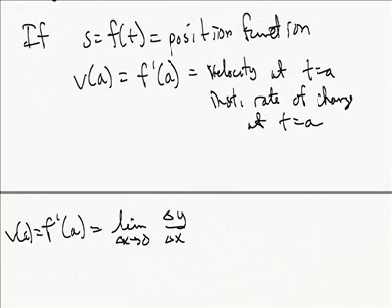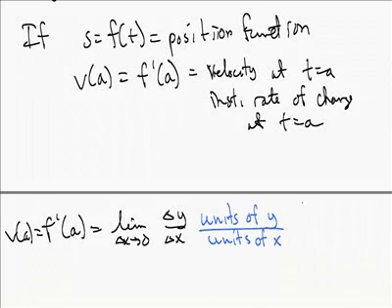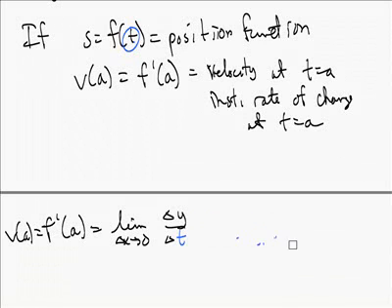And so the units on your derivative, if there are units given in the problem, are always going to be the units of the output of your function, the units of y, divided by the units of the input of your function, which in this case is x, although I probably should be using t here because we had an independent variable t. Let's write it this way.